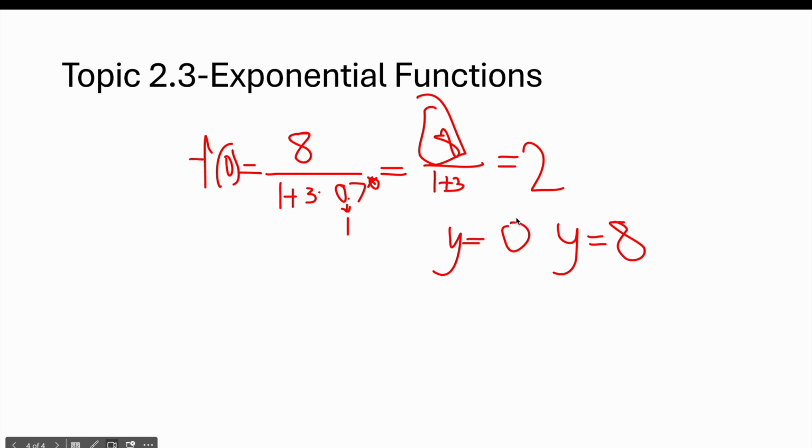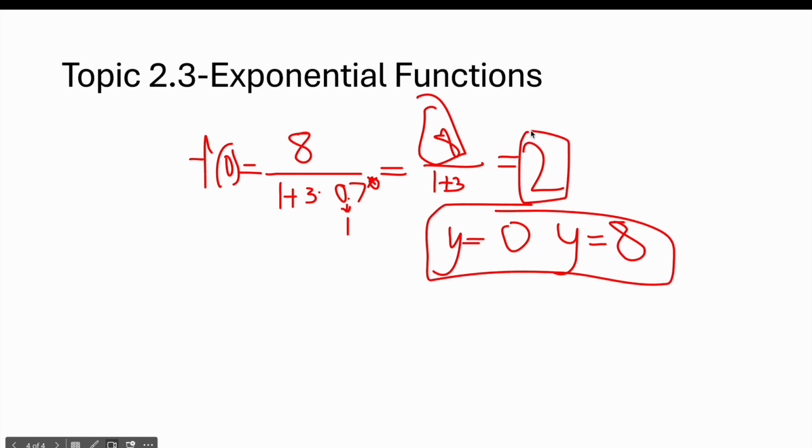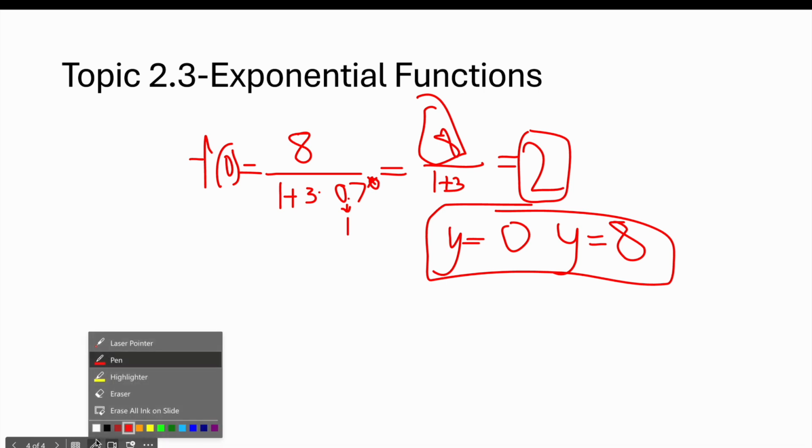So this example shows us how we could find horizontal asymptotes and our y-intercept. But you would not just normally use these, right? You would actually have to use them in a problem.